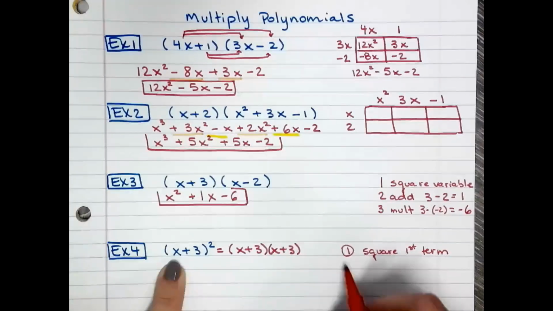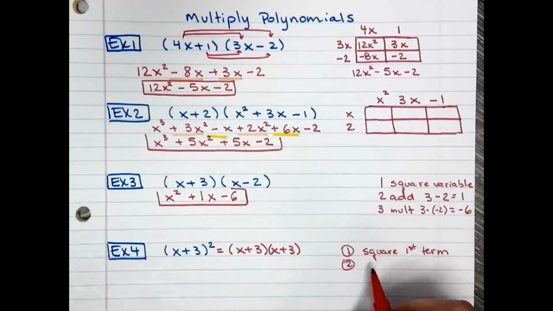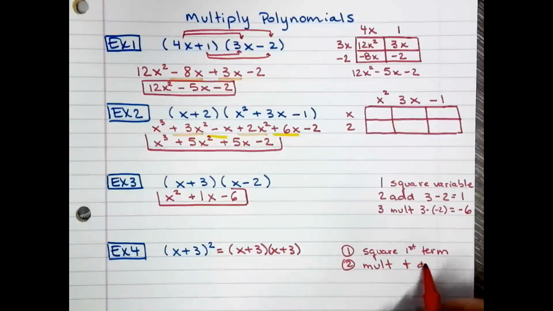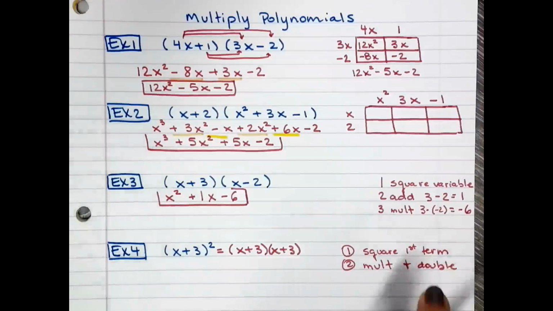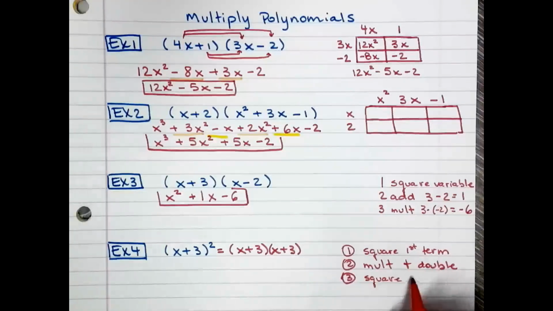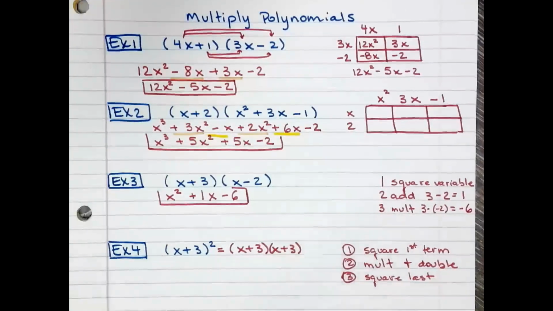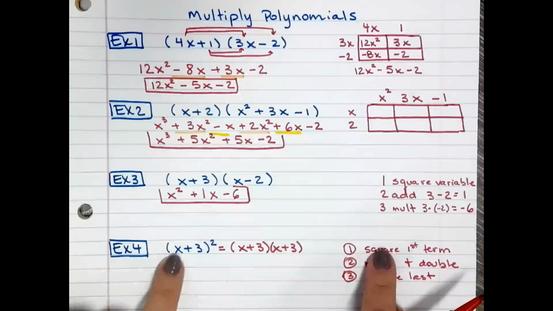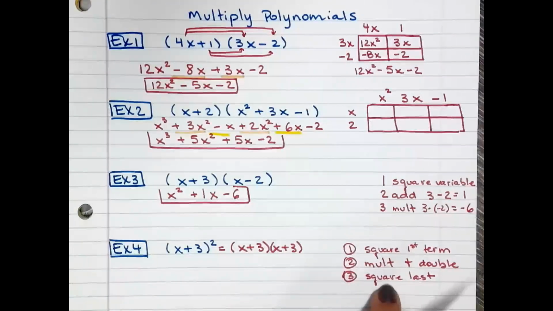That's step 1. Step 2, you're going to multiply and double it. Multiply and double. If you're just copying this and you're not listening, this will make no sense to you, but it's fine. And then step 3, you're going to square the last term. Square the last. Okay? Square the first, multiply and double, square the last.